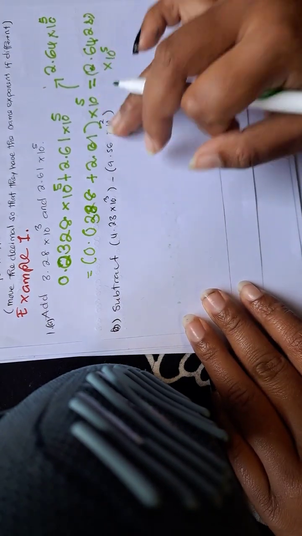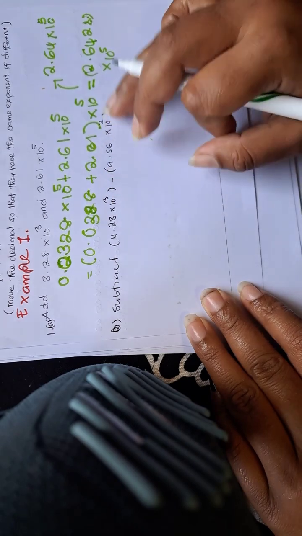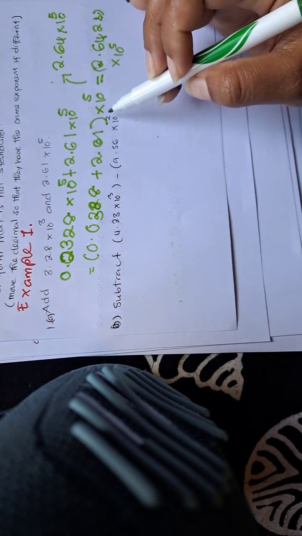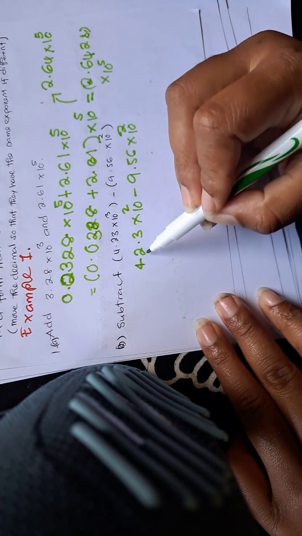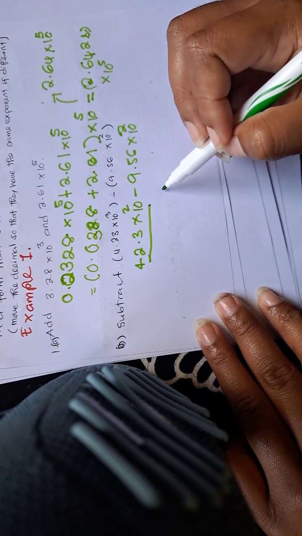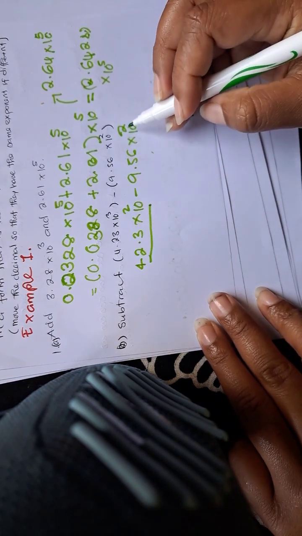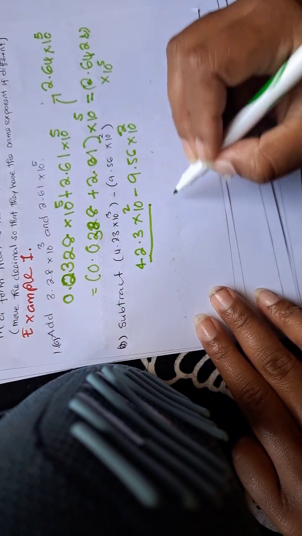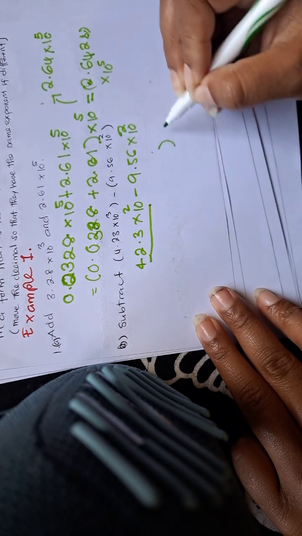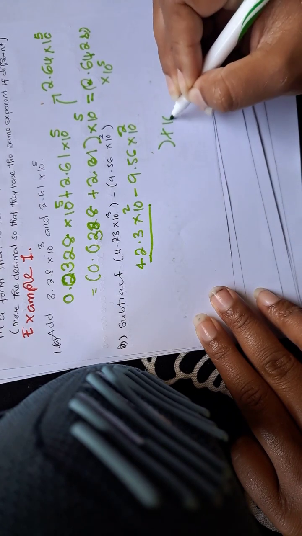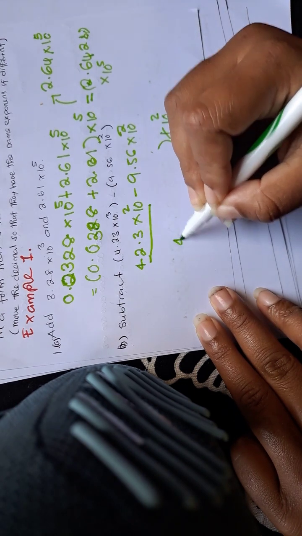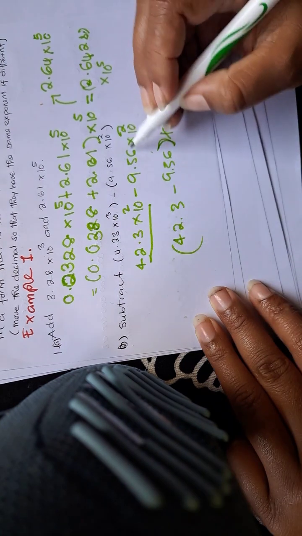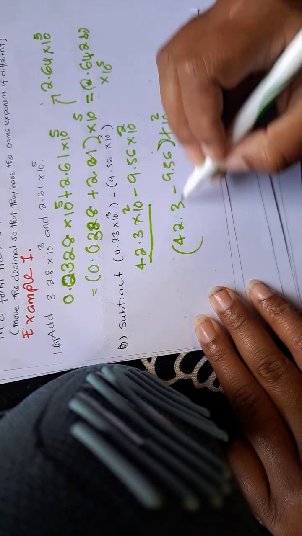We'll have to make either this one or this one have the same power. Let's make this one have the same power as this one. Notice this one is not in standard notation, whereas this one is. So now we can go ahead and do our maths. Since we have the same power, we leave it out of the bracket, times 10 to the power of 2, and we do 42.3 minus 9.56.